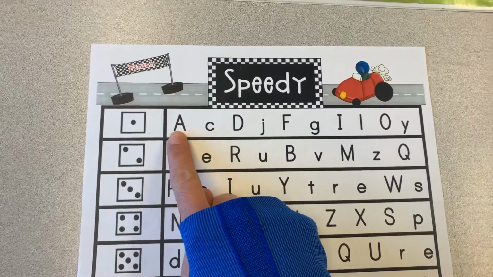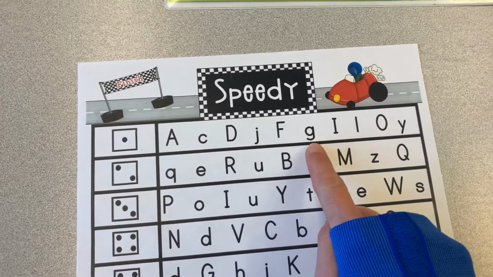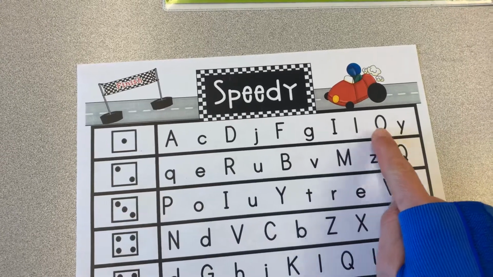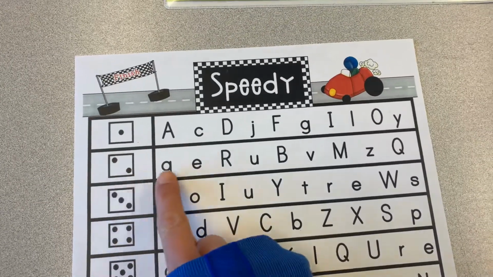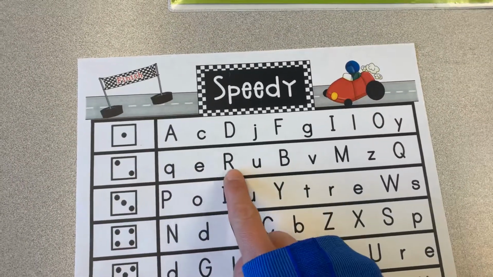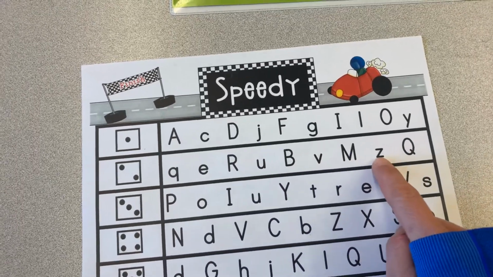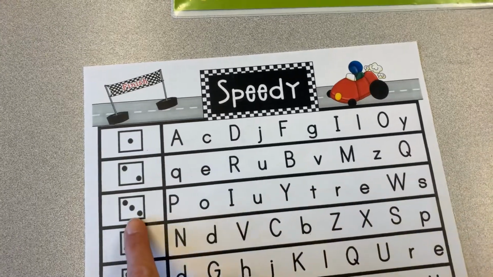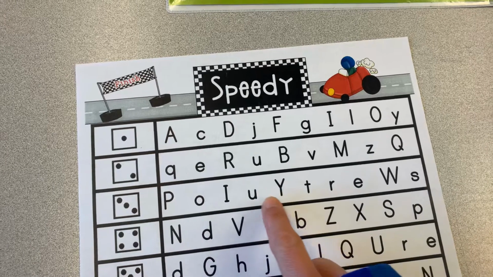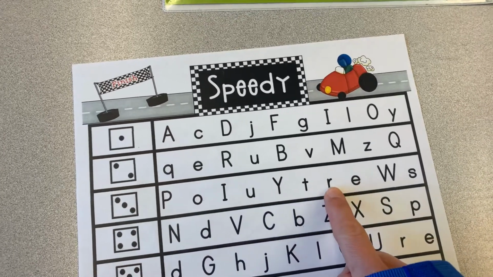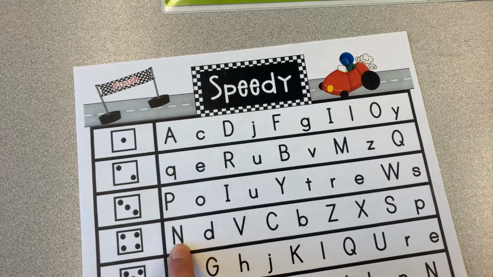Here we go. A, C, D, J, F, G, I, L, O, Y. All right, let's go to row 2. Q, E, R, U, B, V, M, Z, Q. Let's go to row 3. P, O, I, U, Y, T, R, E, W, S. Row 4.